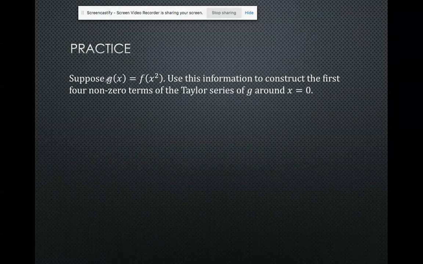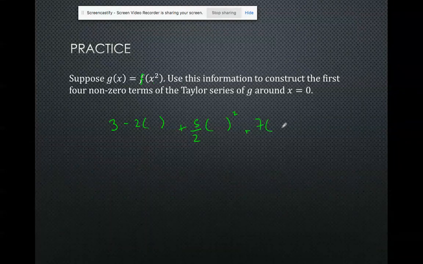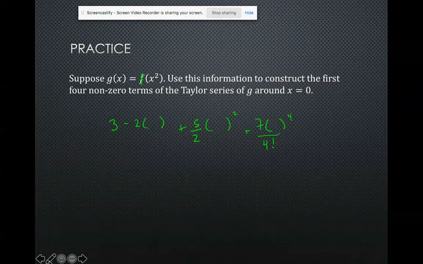Now, suppose that g of x is equal to that same f of x squared. Use the information that you just did. This is very AP-like, so use what you just had, which was 3 minus 2x plus 5 over 2 factorial x squared plus that 0 term, 7 x to the 4th over 4 factorial, and compose x squared into it.